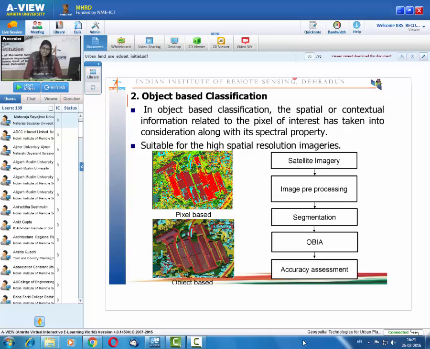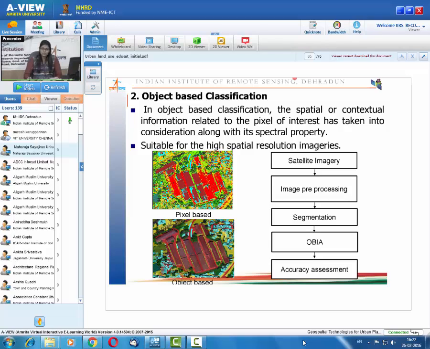In object-based classification, we have various factors, for example, shape factor, then we have compactness factor, and the pixel spectral value also sometimes plays a role. So all these factors together help in identifying objects. So here we are not having each pixel being assigned a value, we are having a group of pixels being assigned a class because it becomes an object.